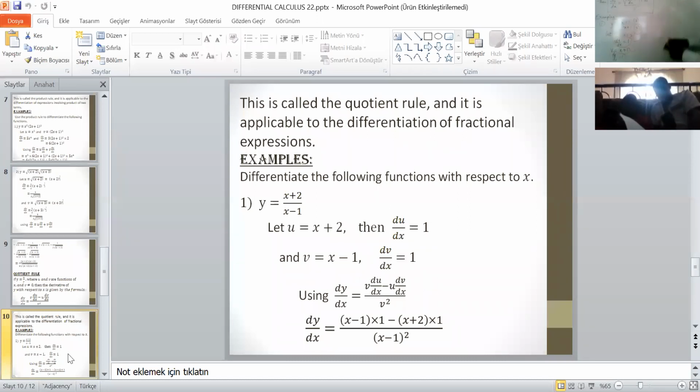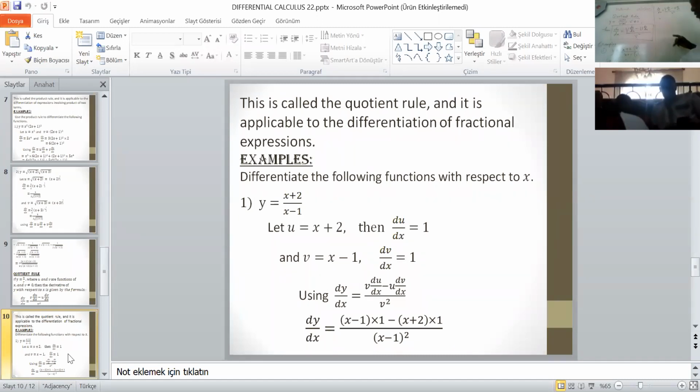So you have here our dy over dx is equal to v du over dx minus u dv over dx all over v squared.